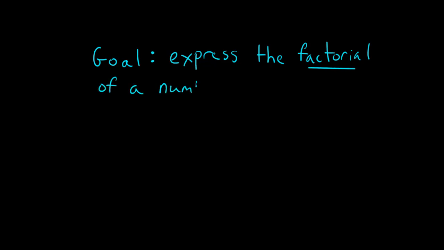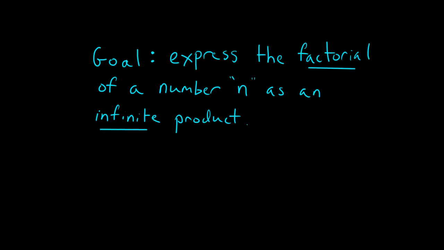So Euler developed this formula with a specific goal, which was to express the factorial of a number, which we can call n, as an infinite product. And in so doing, we can stretch the definition of the factorial to include non-integer inputs in the formula.